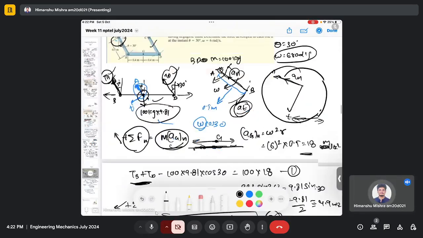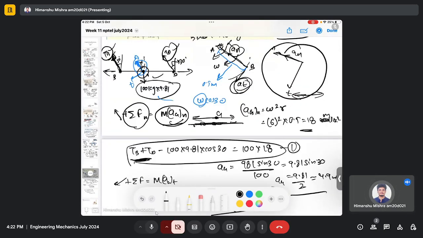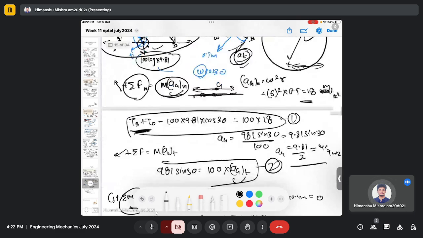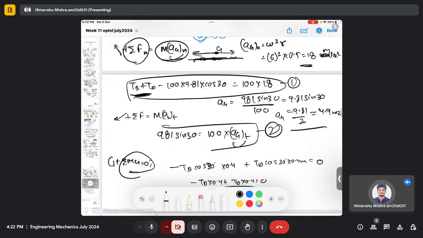When we do the force balance, you can see the equation simplifies in this coordinate system. Similarly, for this rod you define the free body diagram in this coordinate system, and for rods CD and AB you define the normal and tangential components of acceleration because they are rotating. Based on that you do the force and moment balance analysis.